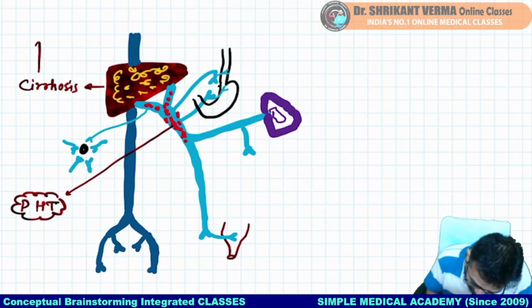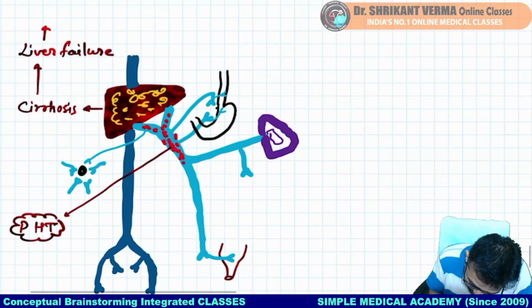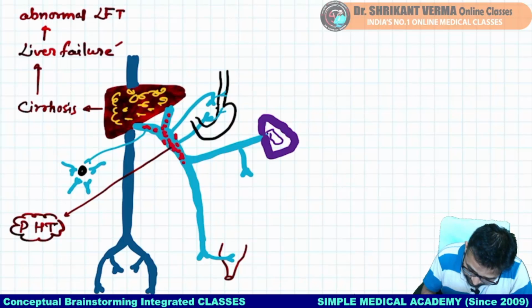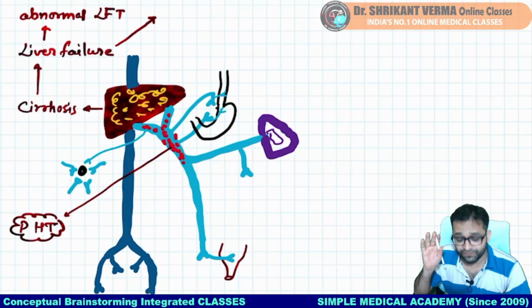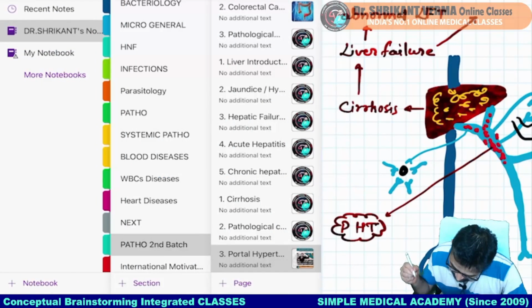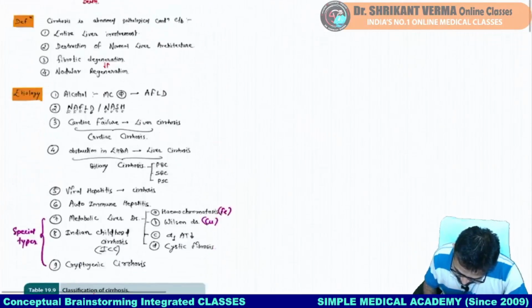If there is cirrhosis, we already learnt there will be liver failure that will result in abnormal liver function tests, and this liver failure will result in different symptoms, the features of liver failure. Do you remember that portion in the liver failure class?